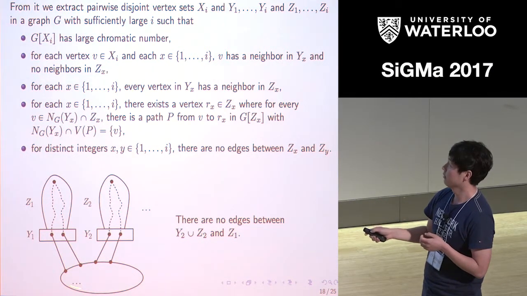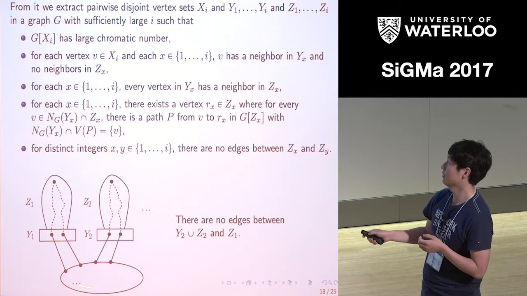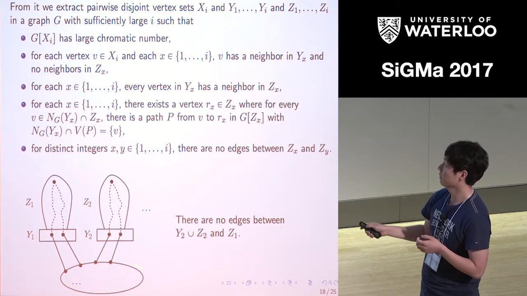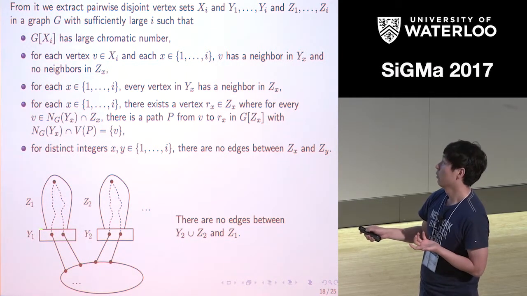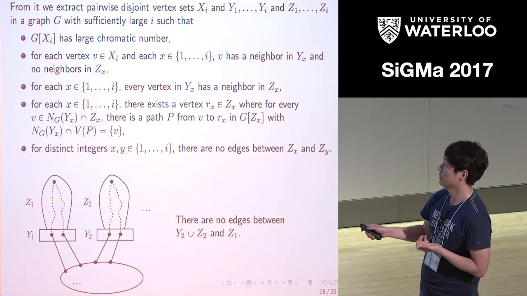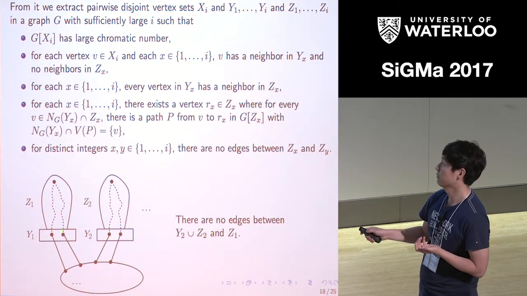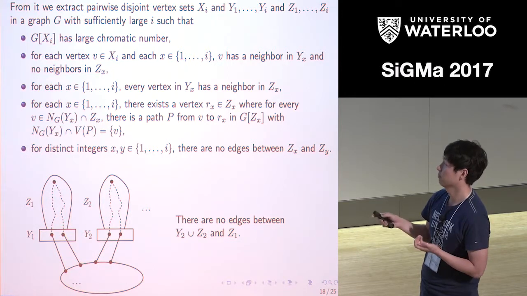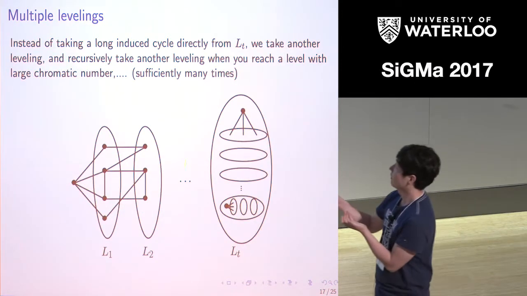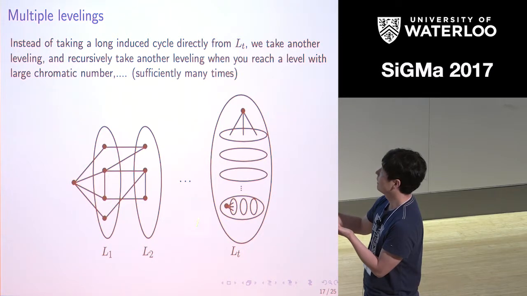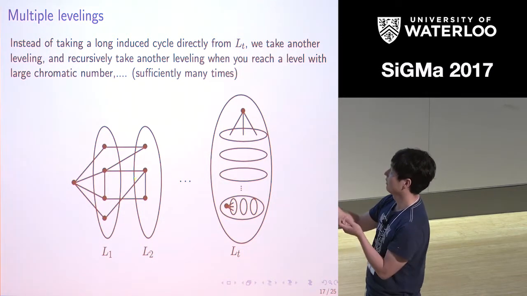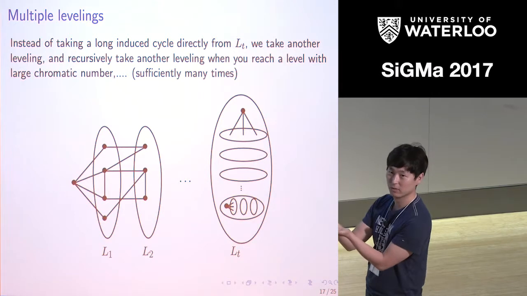So what you end up with is a still large chromatic subset, and then you have a sequence of sets y1, z1, y2, z2, and so on, where each vertex has neighbors on each yi, and then yi has a neighbor on the gi, and for each vertex in the yi you can find some paths. Basically, you can obtain from here that L of t minus 1 will be y1, and the union of the other parts will be z1.